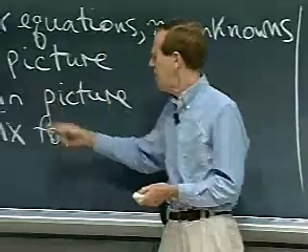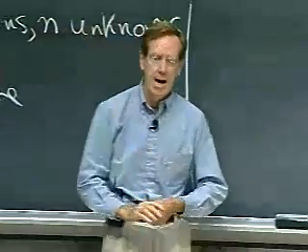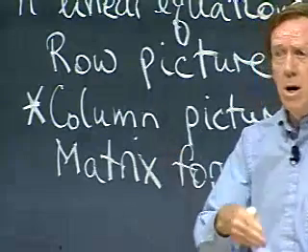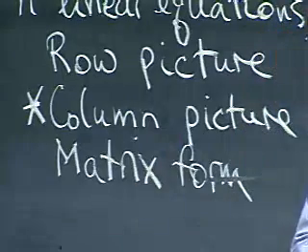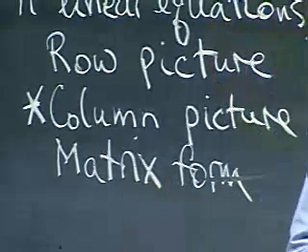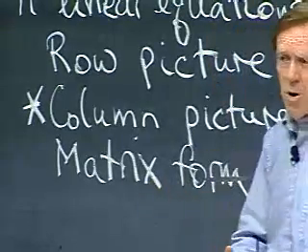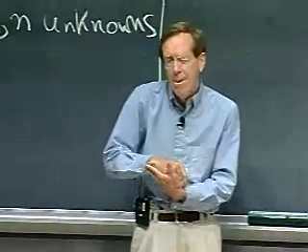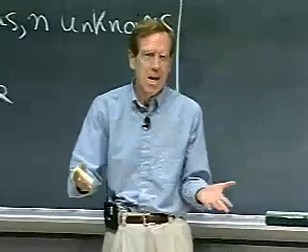The second picture, I put a star beside that because that's such an important one, and maybe new to you, is the picture a column at a time. And those are the rows and columns of a matrix. So the third, the algebra way to look at the problem, is the matrix form, using a matrix that I'll call A.